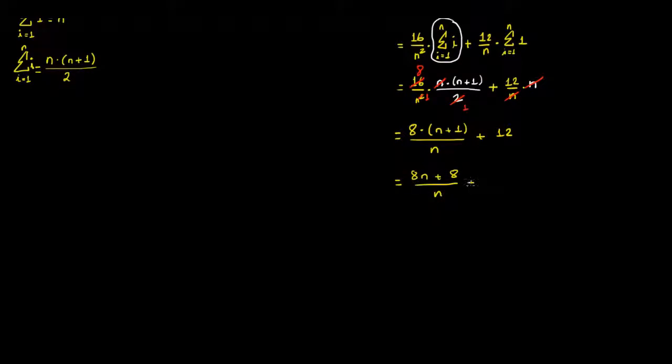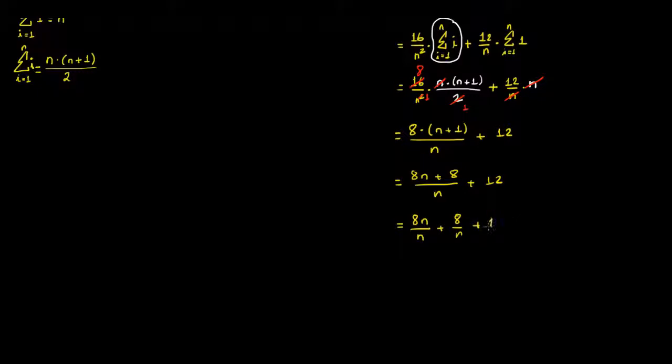Over n, plus 12. Now I'm going to divide these two and these two over here. So it will be 8 times n over n plus 8 over n plus 12.